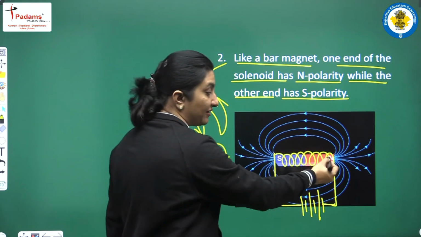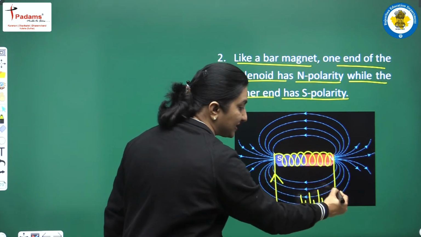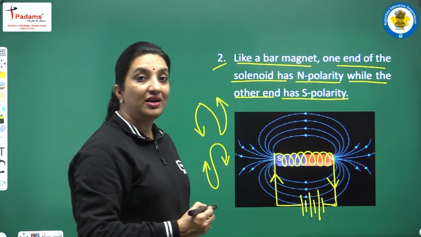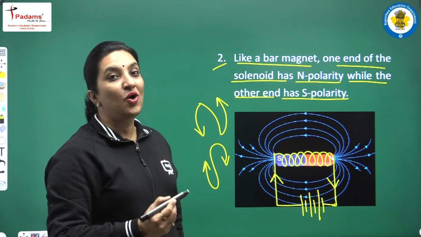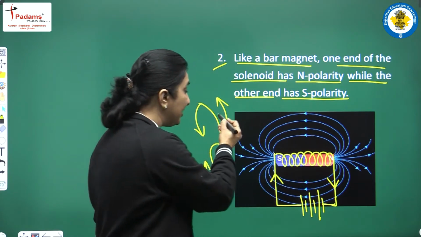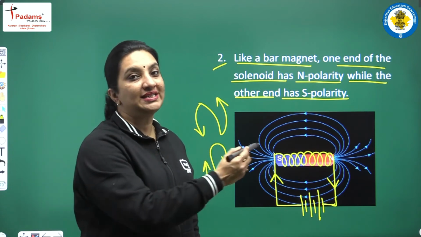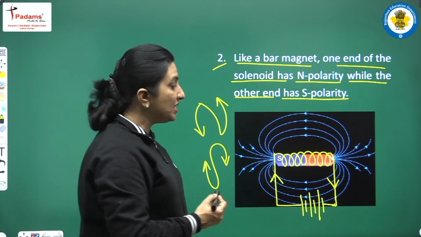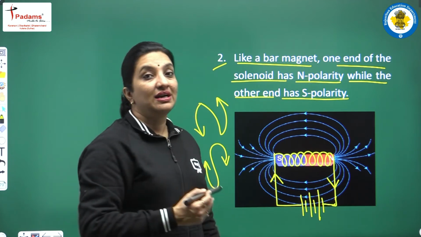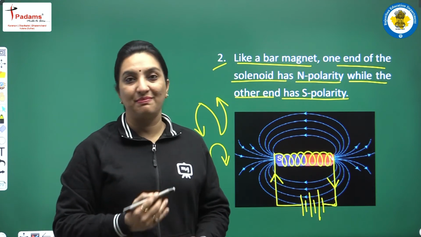And here if we watch the direction of current, since the direction of current is like this, so if we watch the direction of current from that end, then a north polarity will be observed, because from that end the direction of current appears to be anti-clockwise in the coil. So students, what we see is that a current carrying solenoid behaves like a bar magnet.